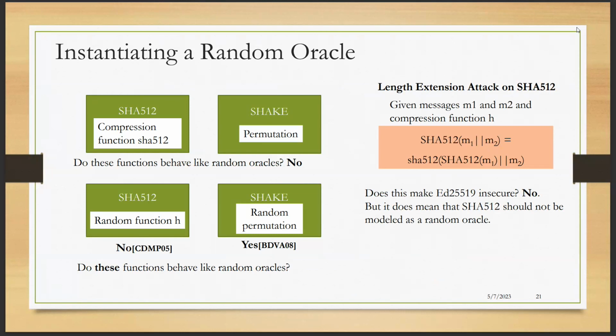Effectively, in a length extension attack, an attacker who has access to the compression function can predict certain outputs of SHA-512 without having to compute the entire construction. This doesn't make EdDSA insecure. The designers of EdDSA knew about the length extension attack. They took it into account, but it doesn't show up in any of the formal analysis. And it does mean that we can't actually assume that SHA-512 can be modeled as a random oracle.